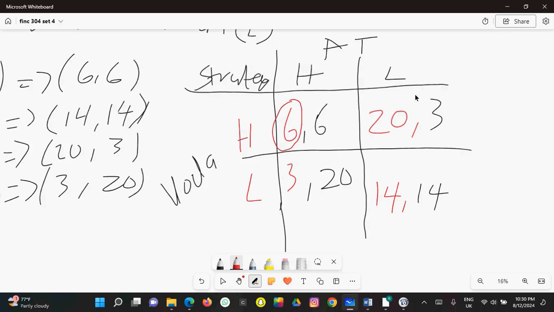Now if Ethel Tigo decides to choose low advertisement, Vodafone has the chance to either choose high or low. Which one is bringing the biggest profit? It's high. Let's circle that one. Right now, we are done with Vodafone's moves if Ethel Tigo decides to choose high or low.